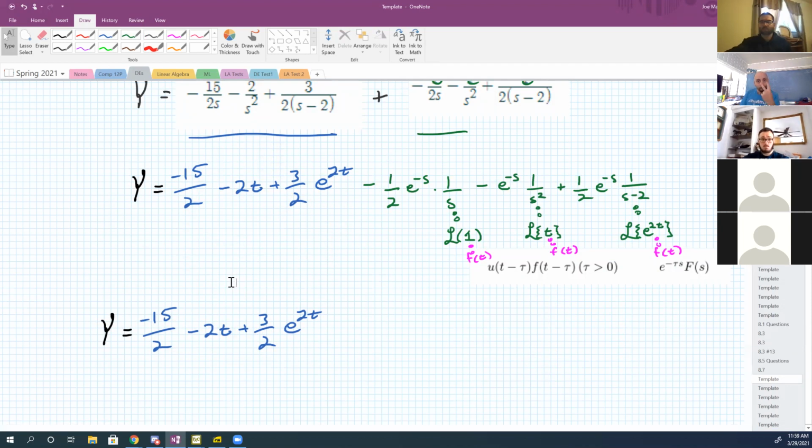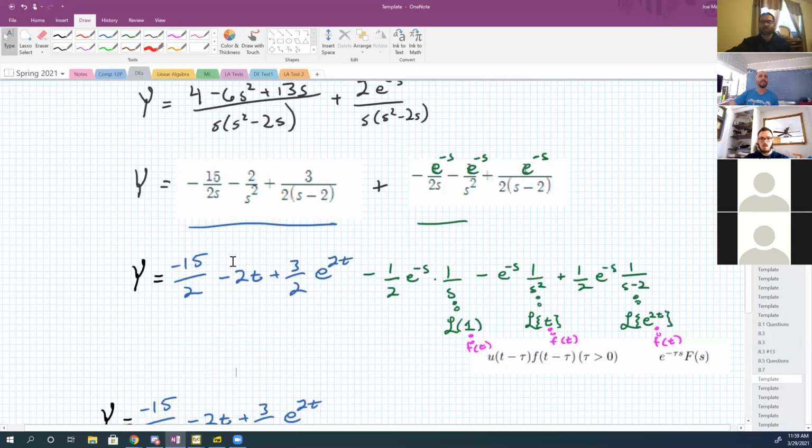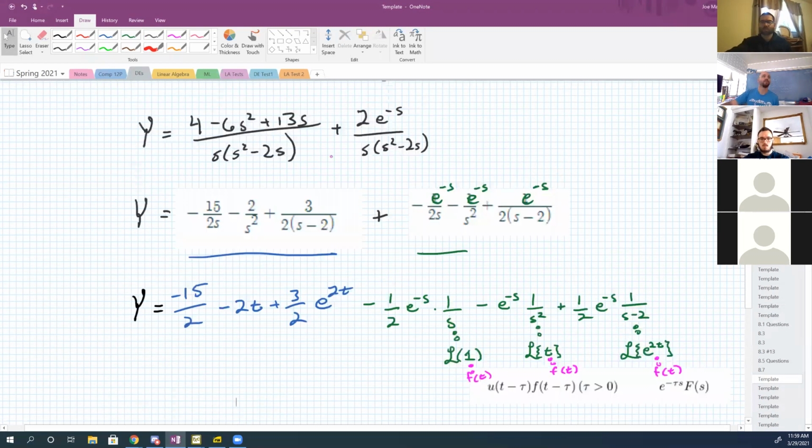There's no inverse Laplace notation. I didn't explicitly say that I was inverse Laplacing, but I should have. The step from here to here was an inverse Laplace transform. Now you've got Laplace terms mixed with non-Laplace terms. Yes, except I inverse Laplace transformed the blue parts, but not the black or the green.